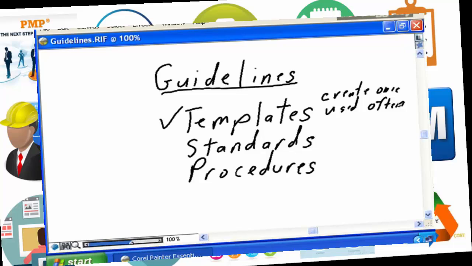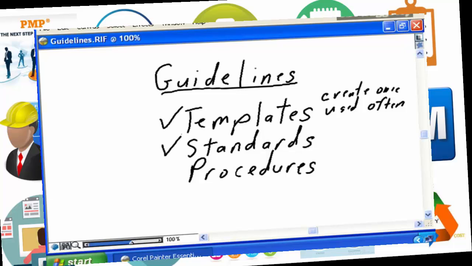By having the appropriate templates in place for your project, people will simply have to go to a common directory, go to the location where the templates are stored, retrieve the template, and fill in the blanks. It's much more effective than starting from a blank piece of paper, a blank document, and trying to understand what is required. By ensuring that the thought process is focused on the material to be delivered as opposed to the structure, it ensures that the right information is being communicated throughout your project.